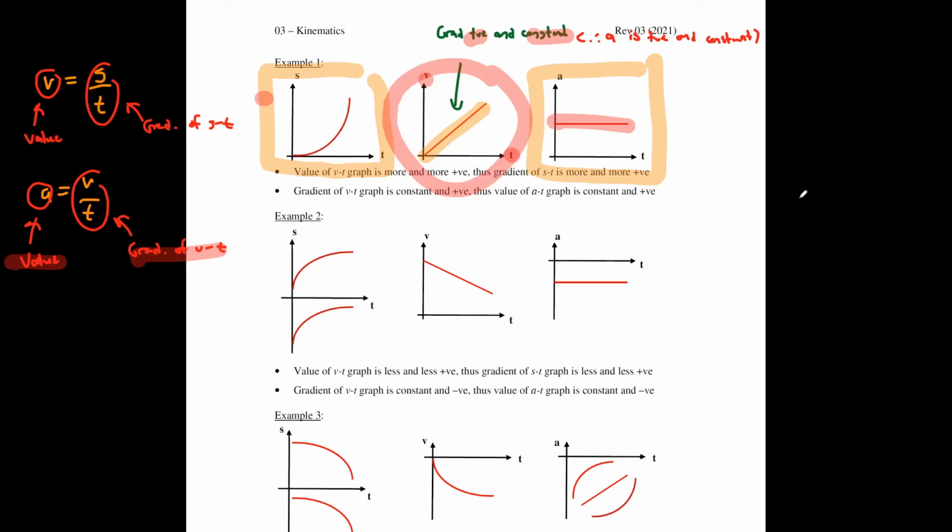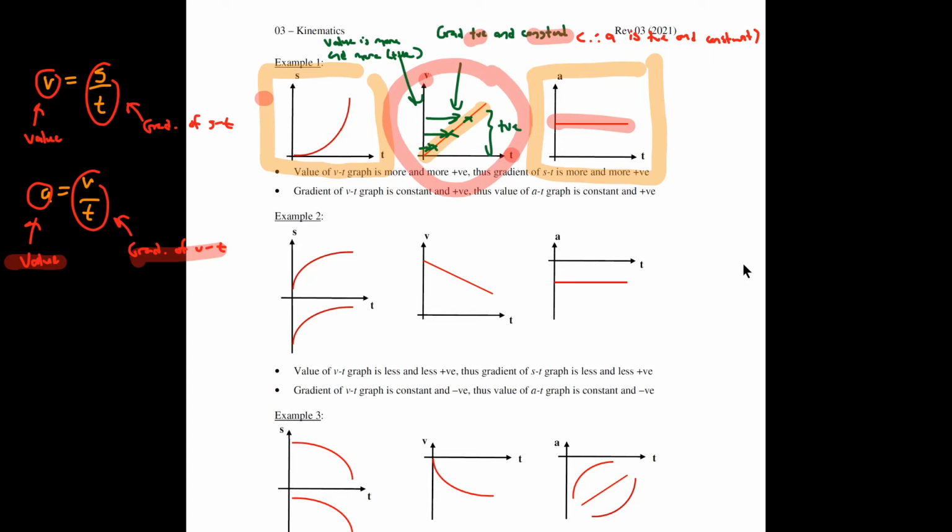Okay, so right now you look at the value of your velocity. Again, look at the y-axis value from here to here to here. How will I describe the values? This one, I will say that the value is more and more positive.